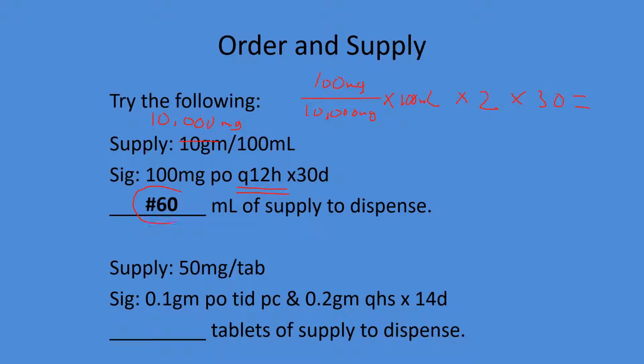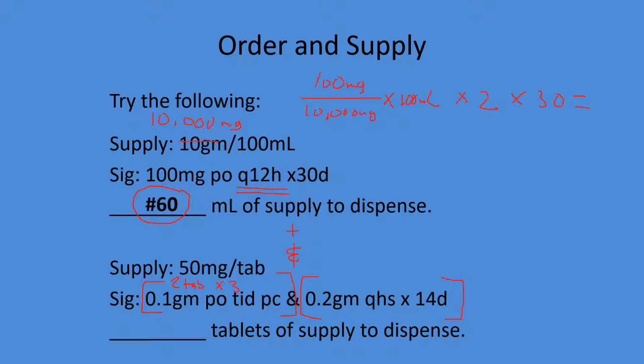Right. So here the doctor's like, you know what? Forget it. You figure it out, pharmacy. I'm too lazy. So for this one, you just have to figure out how many tablets here and then add it to how many tablets here. So anytime you see "and," right, that means to add. So you're going to have to add. So here it's going to be 2 tablets, 3 times a day.